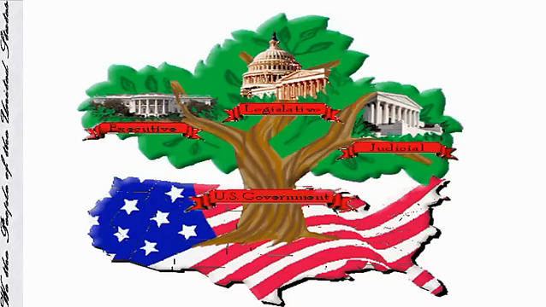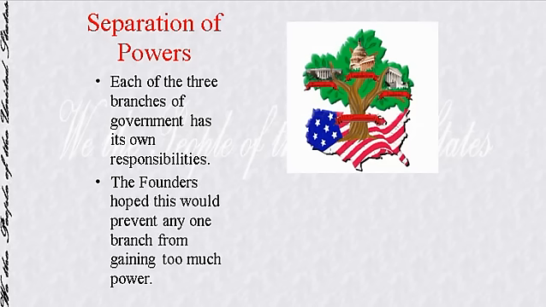Which leads us to our next principle, separation of powers. Each of the 3 branches of government has its own responsibilities and powers. The founders, or the people who wrote the Constitution, hoped this would prevent any one branch from gaining too much power. So each branch has things it can and cannot do.